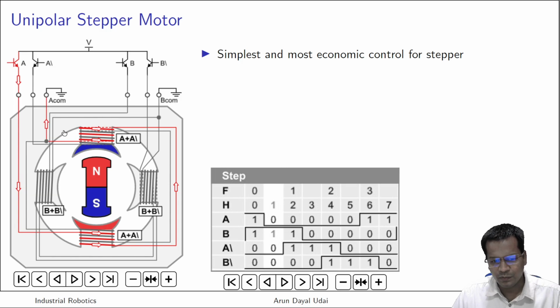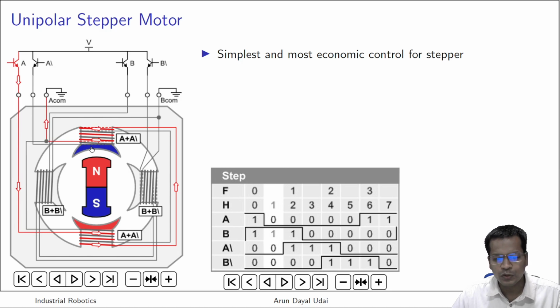What we have done here, this type of running, is known as half step running. Why is it half step? You saw 2 of them are high and then 1 is high, one by one you keep doing that. So instead of moving from pole to pole, it is moving from pole to in between, pole, in between, pole, in between and pole. That makes one full revolution.